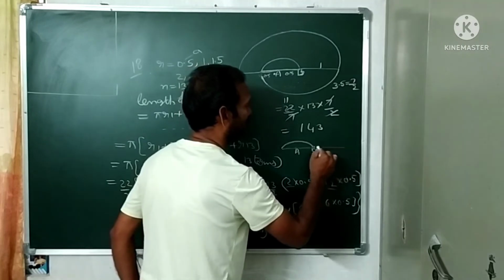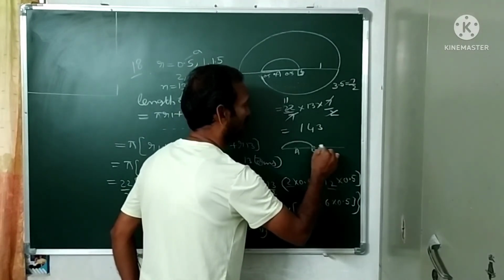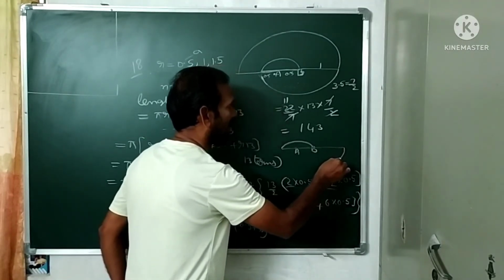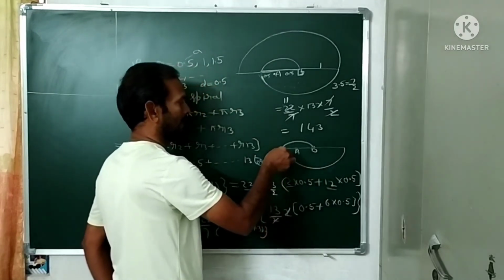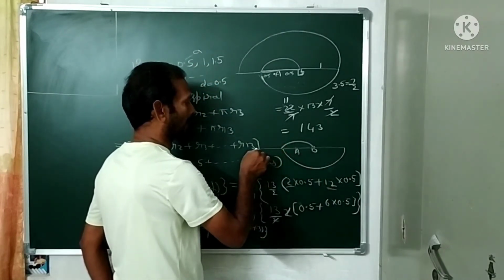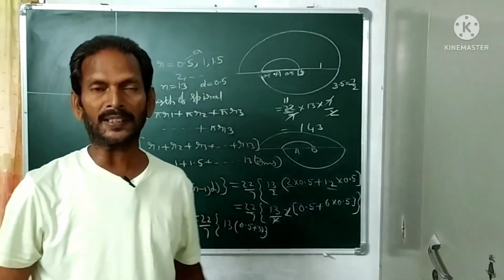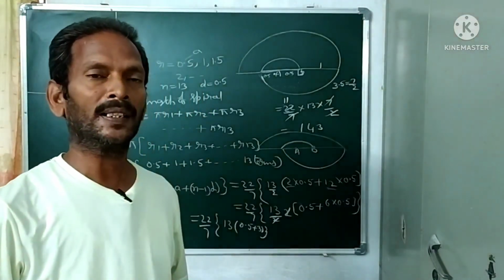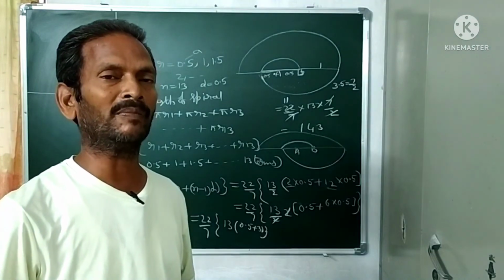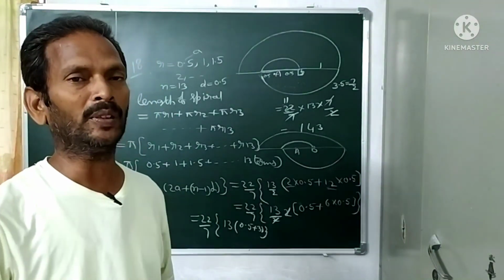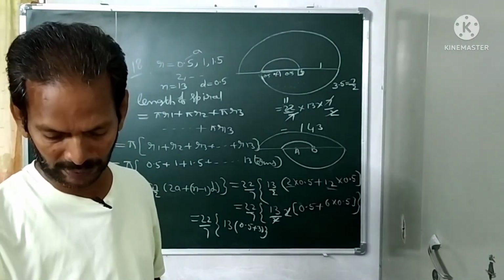Extend 1 centimeter. Now from here with B as center, draw another semicircle. Again 1.5. Like that it increases 13 times, and find the sum of the length of the spiral, meaning you have to calculate 13 times. Okay children, note down.